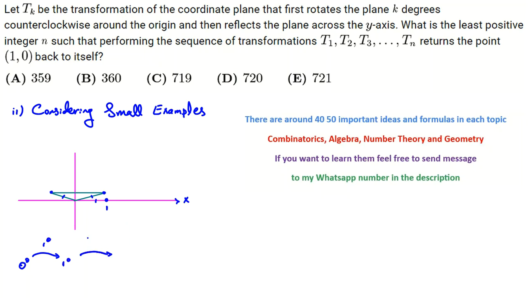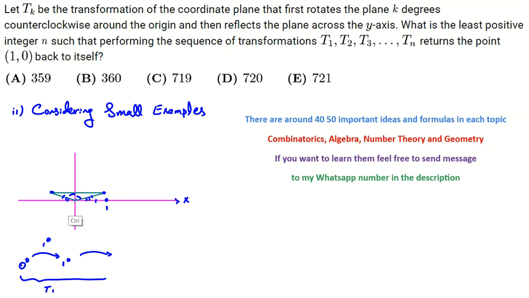Then when we reflect it, this is T1, this operation. This point has what angle? Let's calculate. When we reflect, this angle equals this angle because these two triangles are congruent.